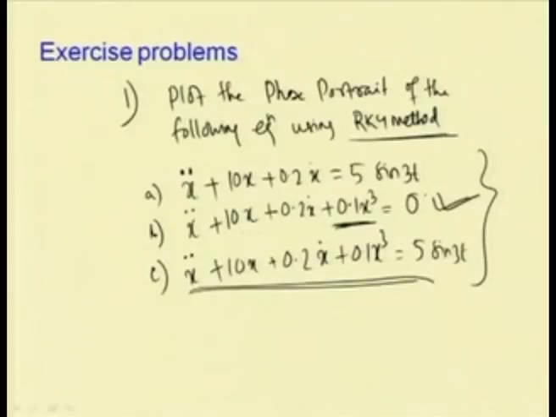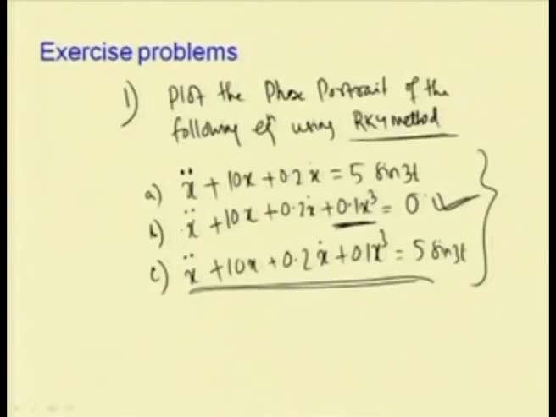First find the equilibrium point in this case. To find it, put x double dot equal to 0, x dot equal to 0, find x, then plot the equilibrium points and check with the straightforward expansion method whether you are getting the same equilibrium point or not.